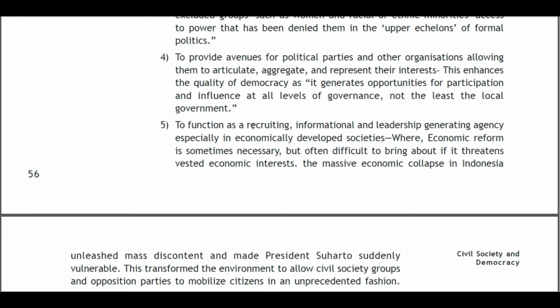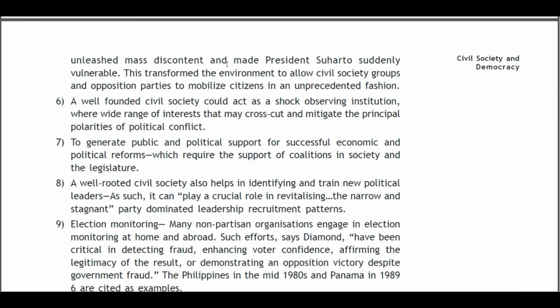Fifth, to function as a recruiting, informational, and leadership generating agency, especially in economically developing societies where economic reform is sometimes necessary but often difficult to bring about if it threatens vested economic interests. The massive economic collapse in Indonesia unleashed mass discontent and made President Suharto suddenly vulnerable. This transformed the environment to allow civil society groups and opposition parties to mobilize citizens in an unprecedented fashion.